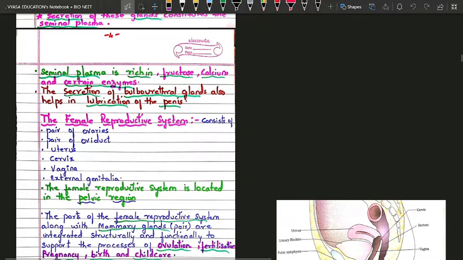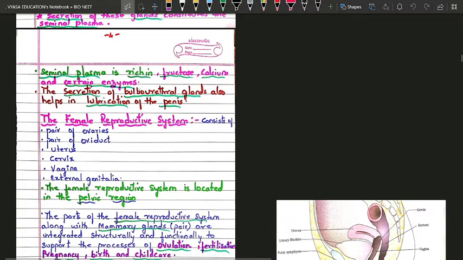So when you go for a semen analysis, you find whatever is there in the seminal plasma. I mean to say the fructose is present, calcium is present and certain enzymes are also present. These are all very important for NEET.